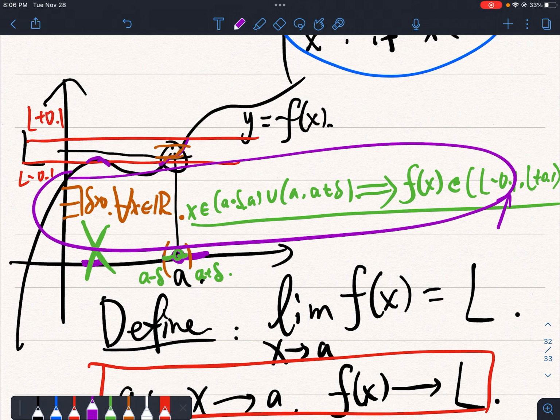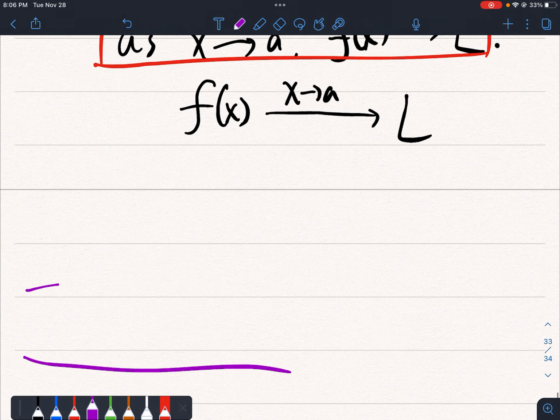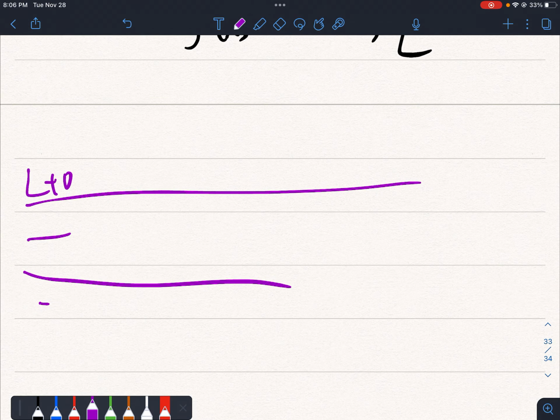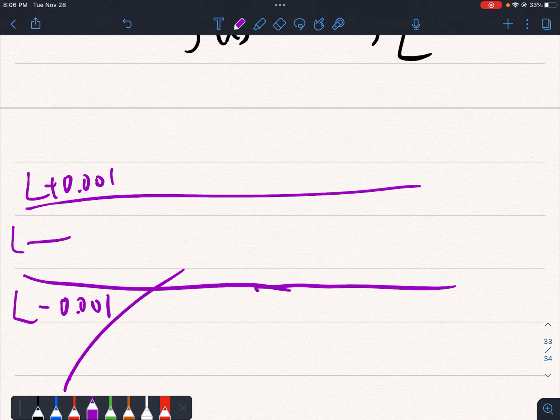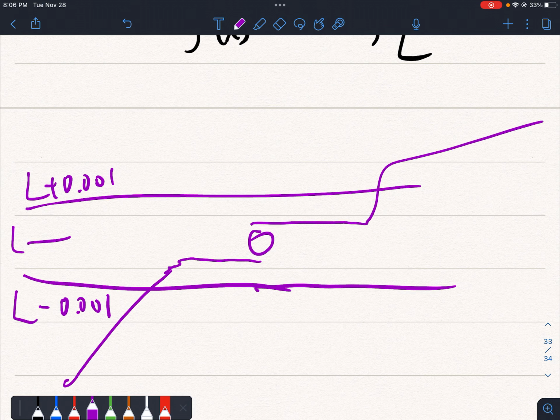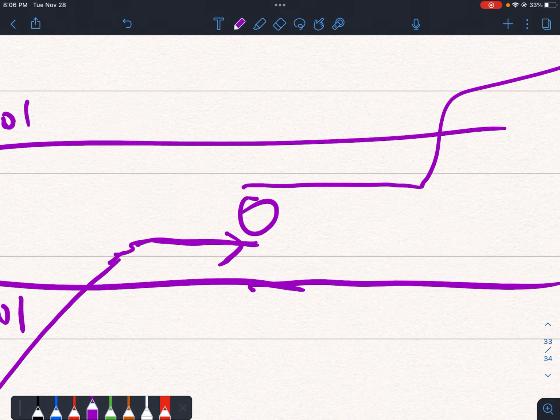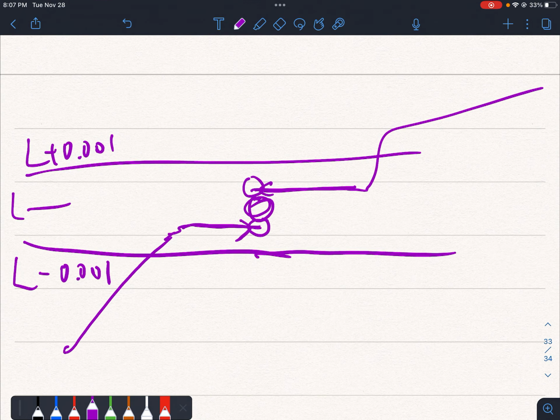So even if you have shown that this is true when this 0.1 is changed into 0.00001, it still can happen that it does not converge because, for example, in this case, let's say this is L plus 0.001, this is L minus 0.001, and this is L, and then if you just zoom in a lot, then for example, if the graph here goes to, for example, L minus 0.000001 and then L plus 0.00001 like this, then you can see clearly that this will converge to a value that is smaller than that, and this will converge to a value that is bigger than that.